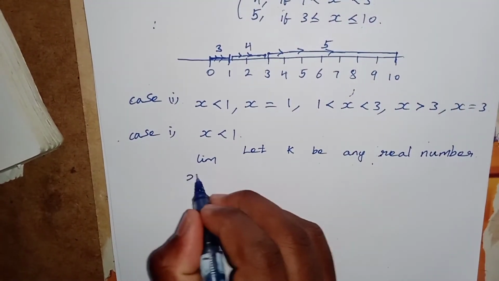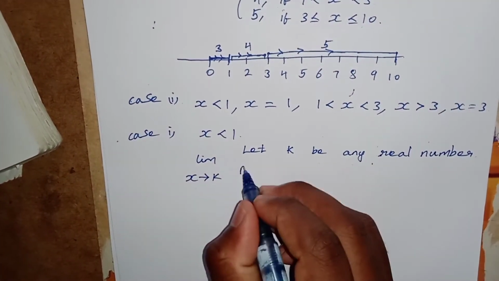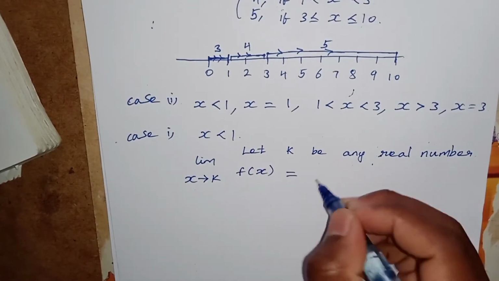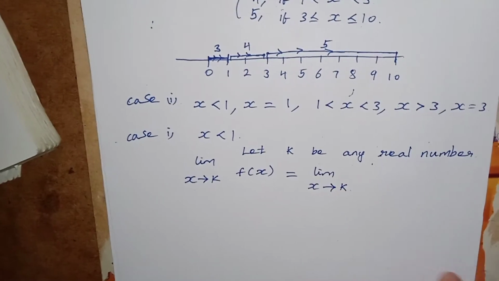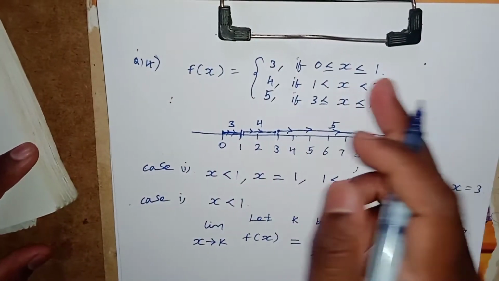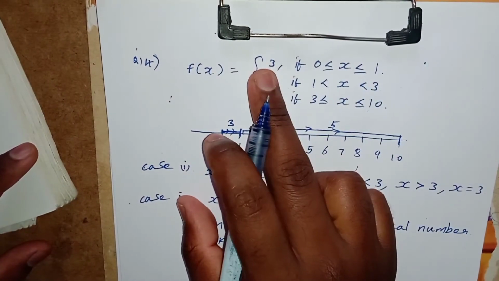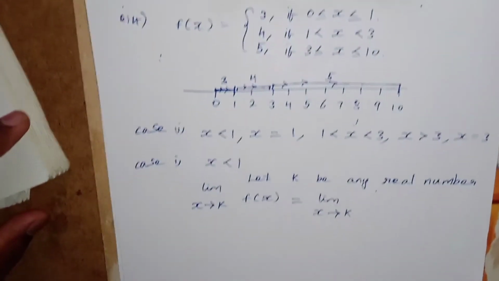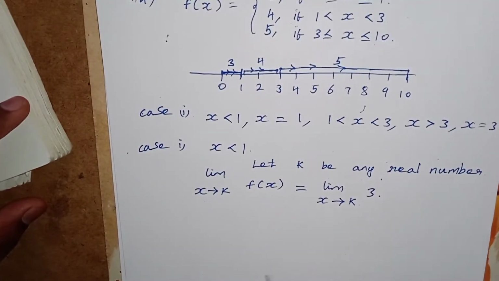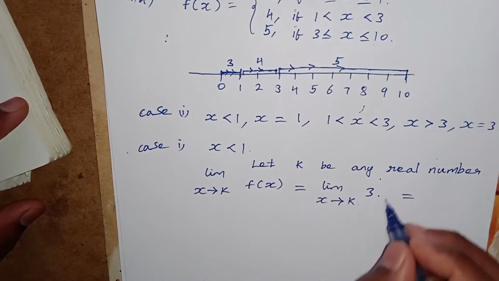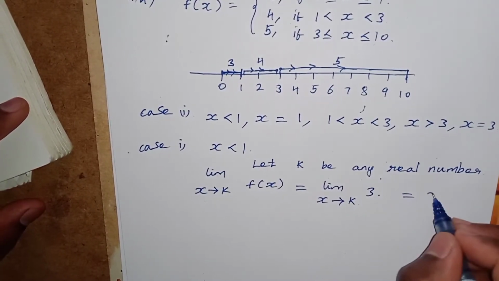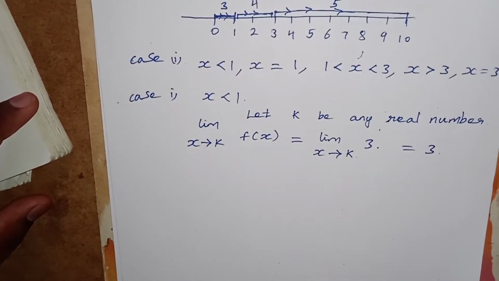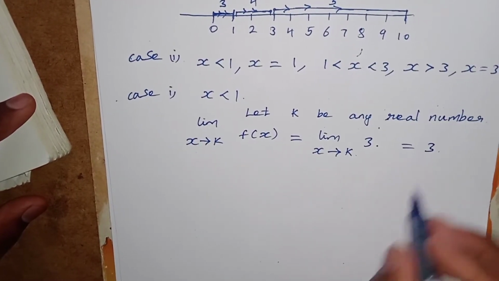Limit x tends to k f of x is equal to limit x tends to k, here less than 1, therefore you have to take function 3. There is no x to substitute the value of k, therefore only 3 is my answer. I hope you all understood.